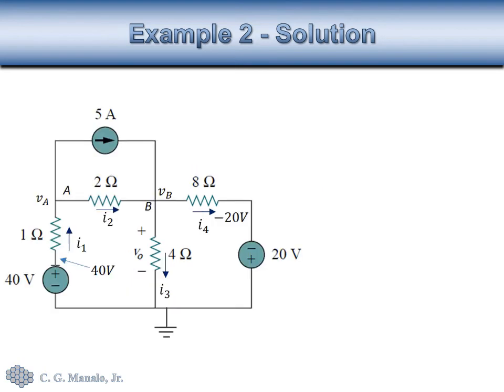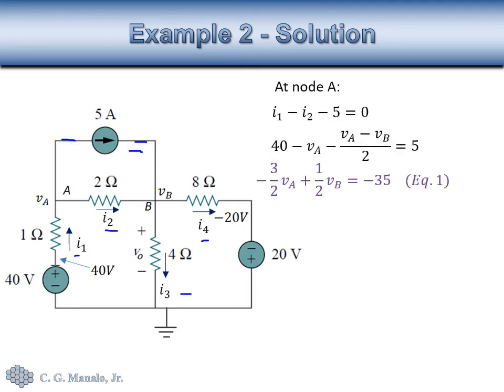So we can now write our equations. We have the assigned arbitrary currents there: I sub 1 is here, I sub 2, I sub 3, and I sub 4. Take note that we didn't assign an arbitrary current here because we already know the current that flows in these lines, and that is 5 amperes.